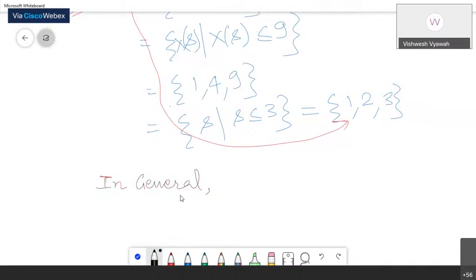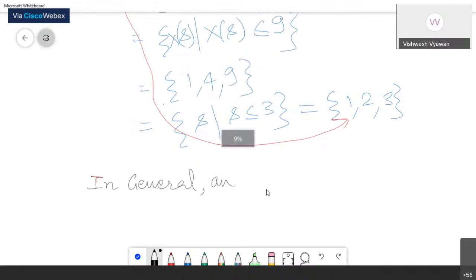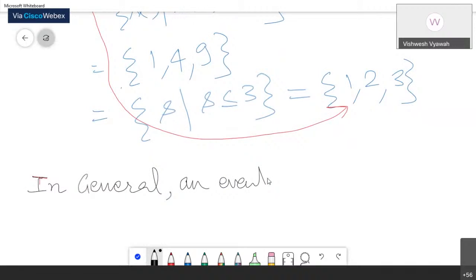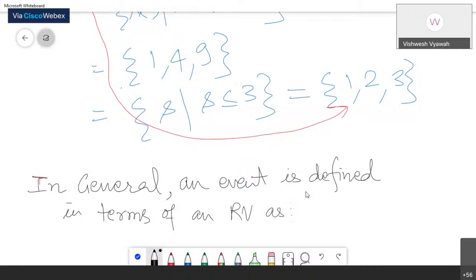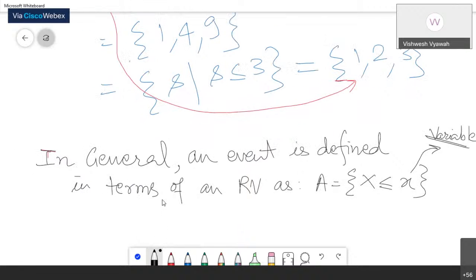In general, an event is defined in terms of an RV as A is equal to x less than or equal to small x. Now this small x is nothing but your variable. This is how you define the random variable.